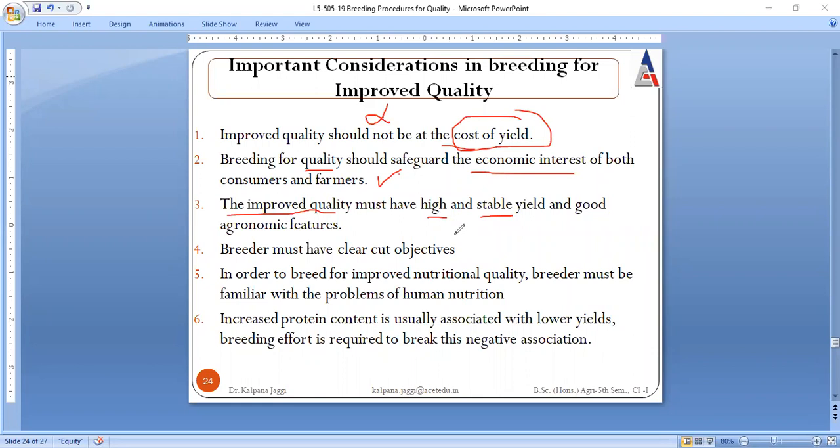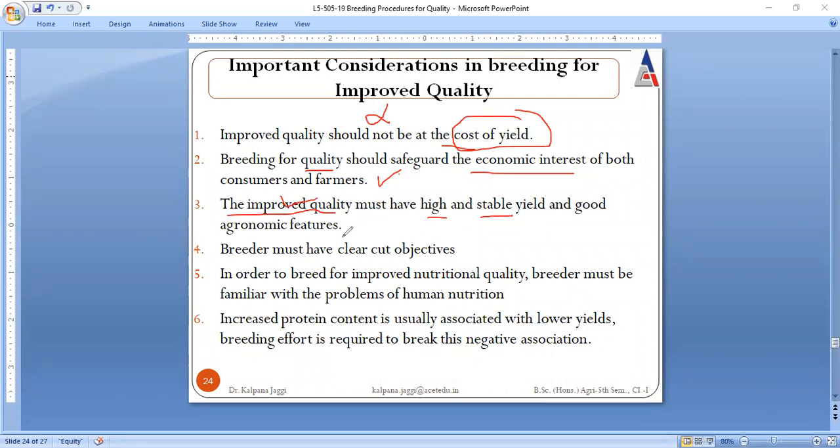Its features should not change from season to season or from time to time. There should not be any variations in the characteristics. That means the improved quality must have high and stable yields and good agronomic features also.